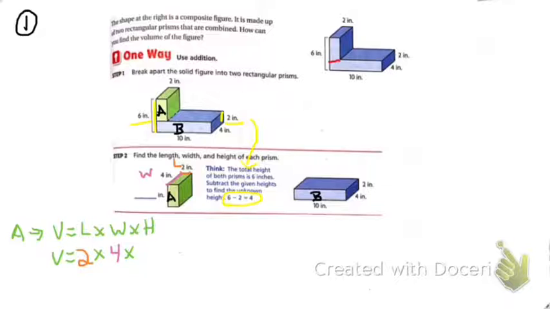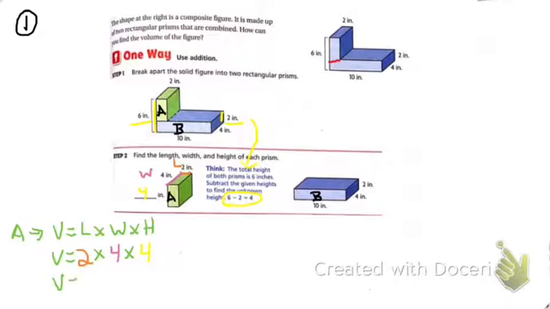So sometimes when you have composite figures or combined figures, you need to be like a little detective or a little sleuth to figure out what the measurement is. Take my total of A and B, 6, minus my height of B, 2, and the difference will tell me what the height of A is. So the height of A is 4 because 6 minus 2 equals 4. And therefore my height is 4.